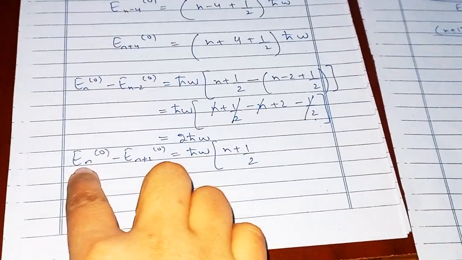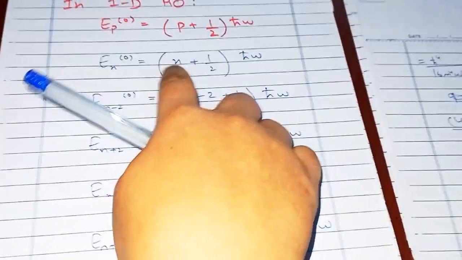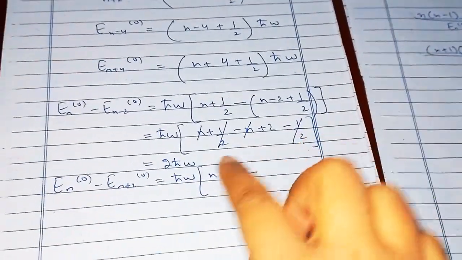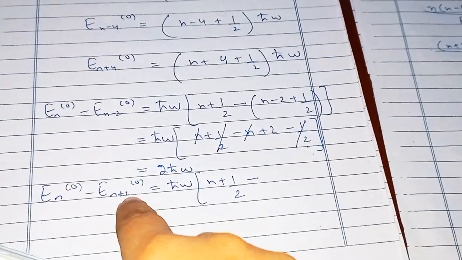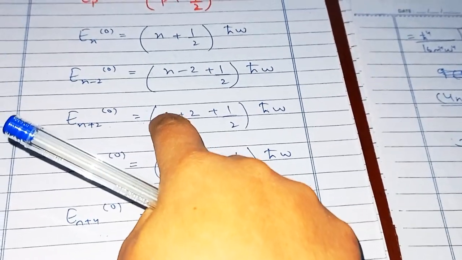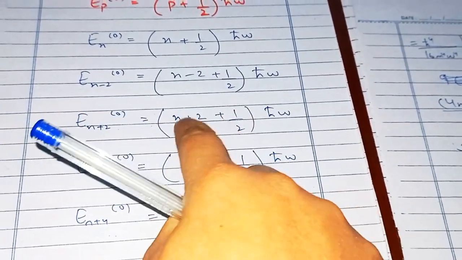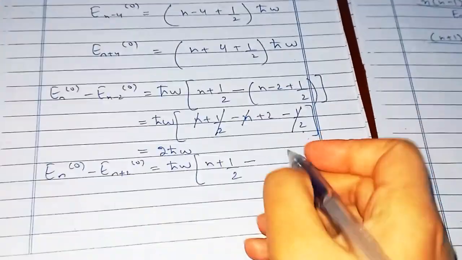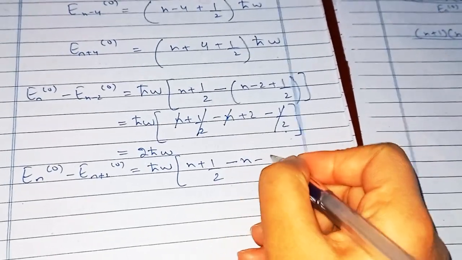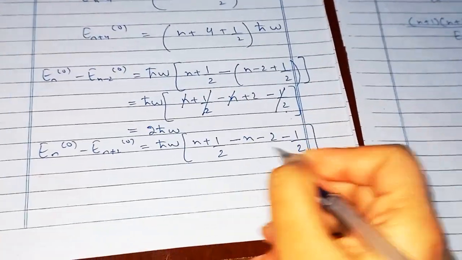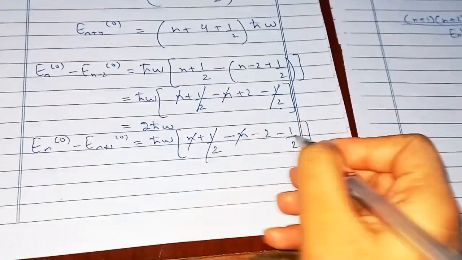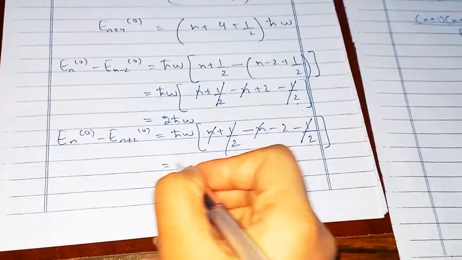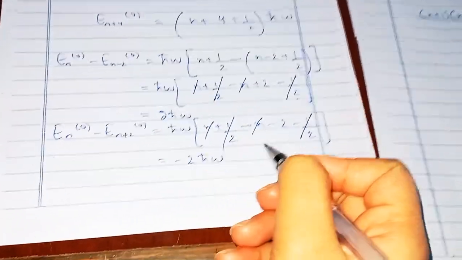So it's n plus 1 by 2 for En of 0, then minus, we have En plus 2 of 0, which is this. So I'm going to change the sign of these inner terms, minus n minus 2 minus 1 by 2, because it's negative, so it will change the signs of this quantity. Minus n plus n cancel, plus 1 by 2 minus 1 by 2 cancel, it's minus 2 h cut omega.